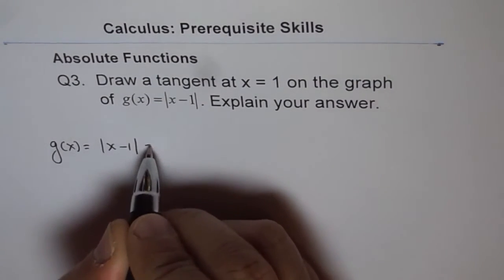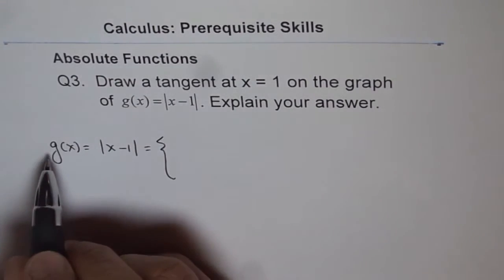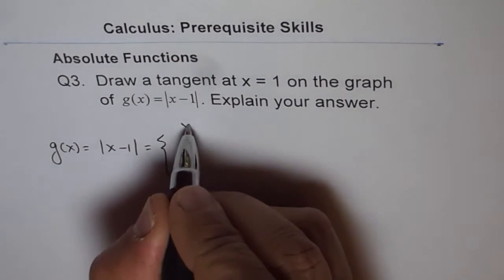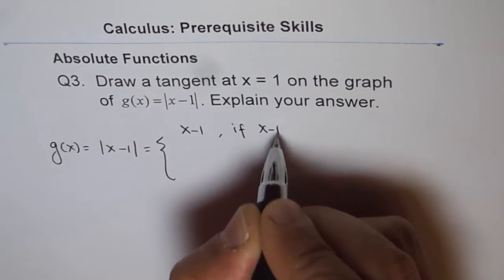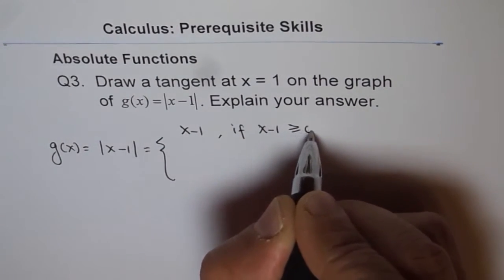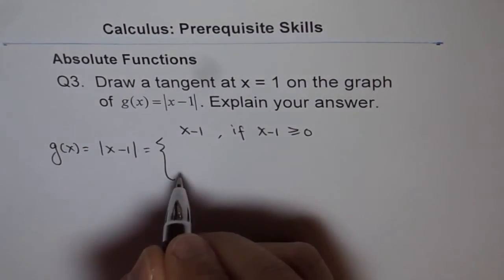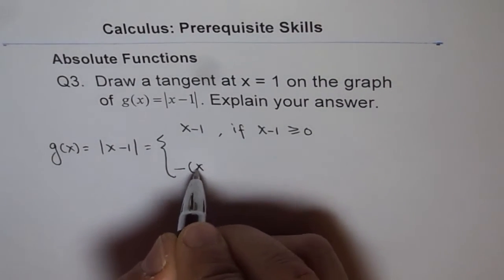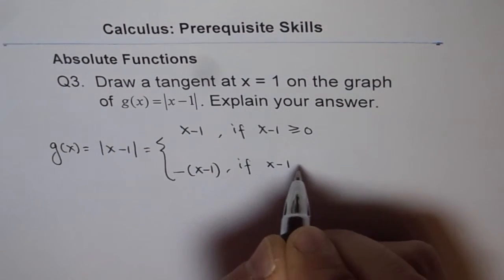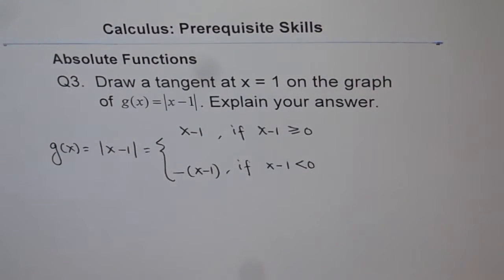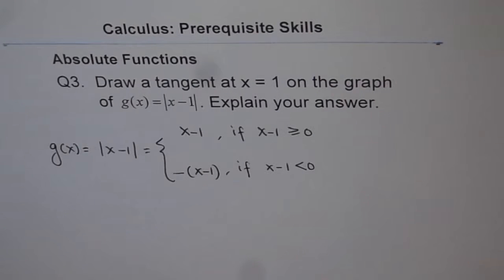It really means that g of x is equal to x minus 1 if x minus 1 is greater than or equal to 0, and it is equal to minus of x minus 1 if x minus 1 is less than 0. So that is the basic definition of this function, correct?